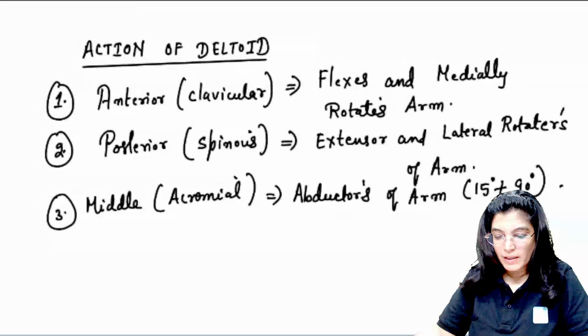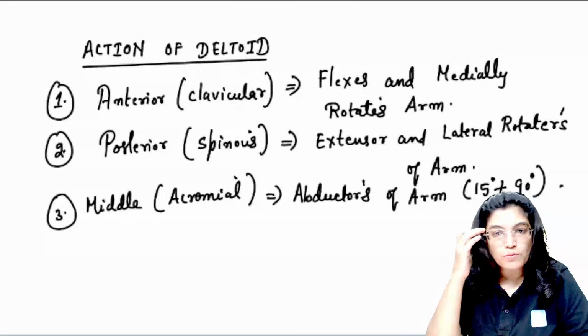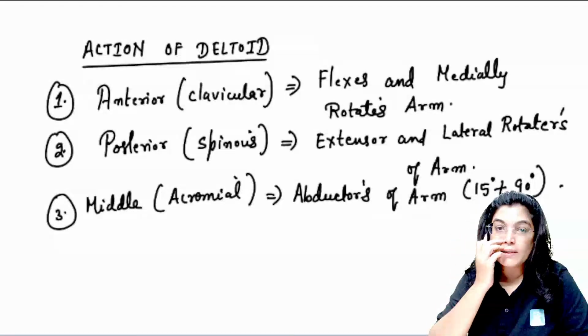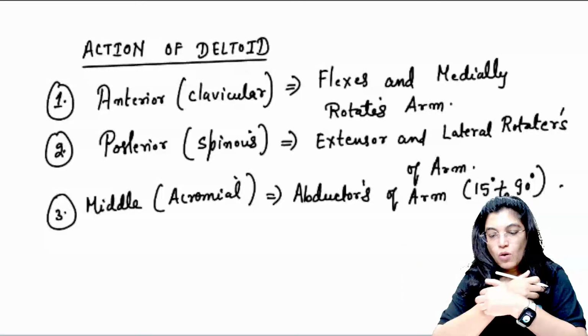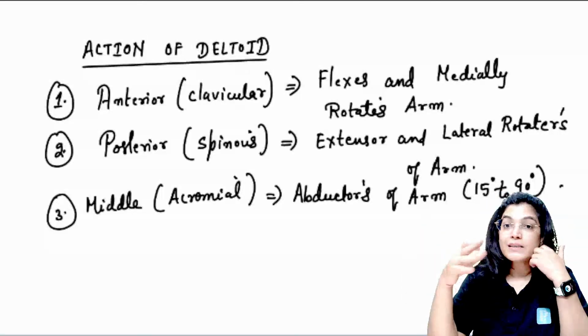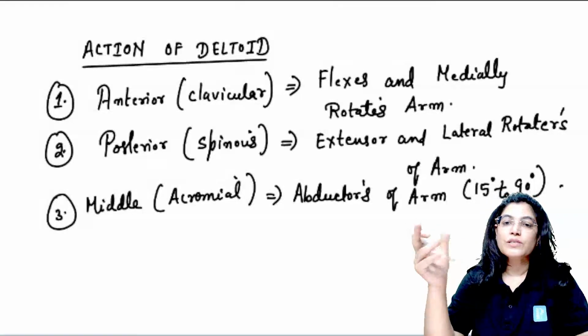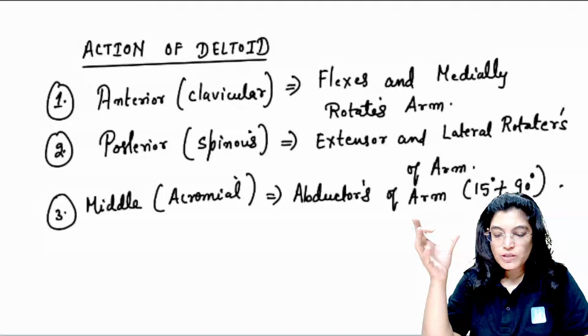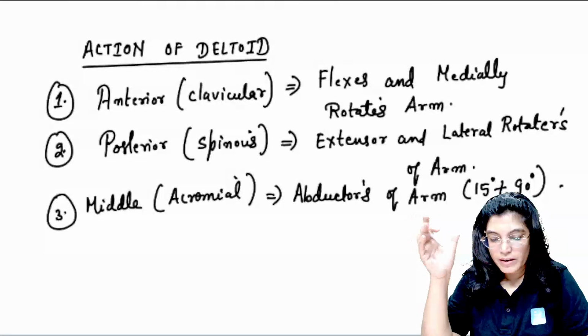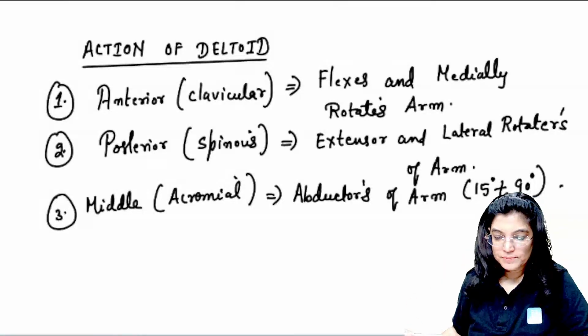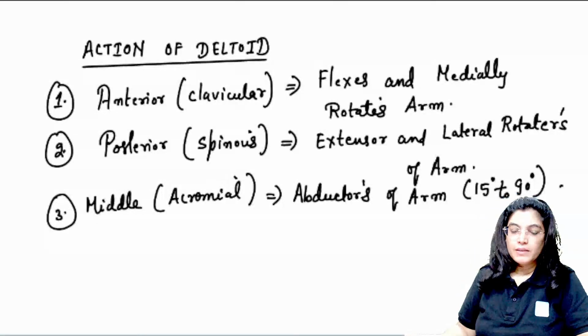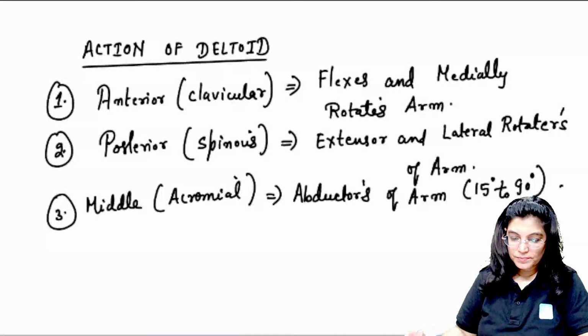But actually, it has been seen that most commonly, in actual clinical practice, the intramuscular injection is given in upper outer quadrant of deltoid region. So you can just note down, if we are talking deltoid region, it is utilized for IM injection to be given in upper and outer quadrant. Okay, so done with this.